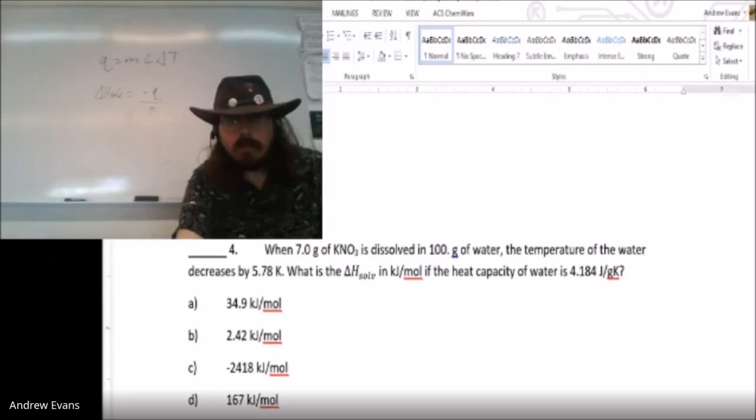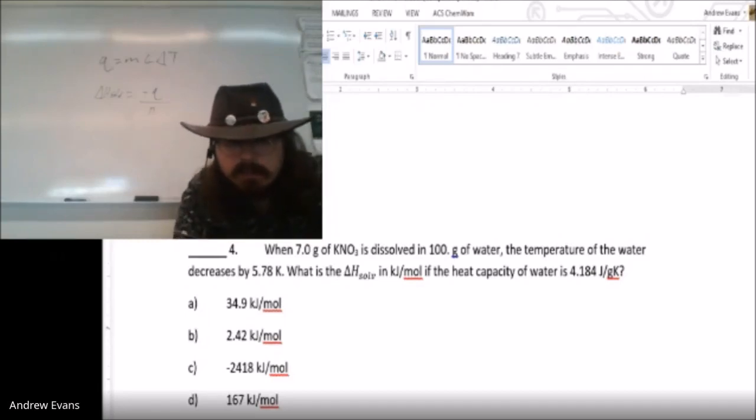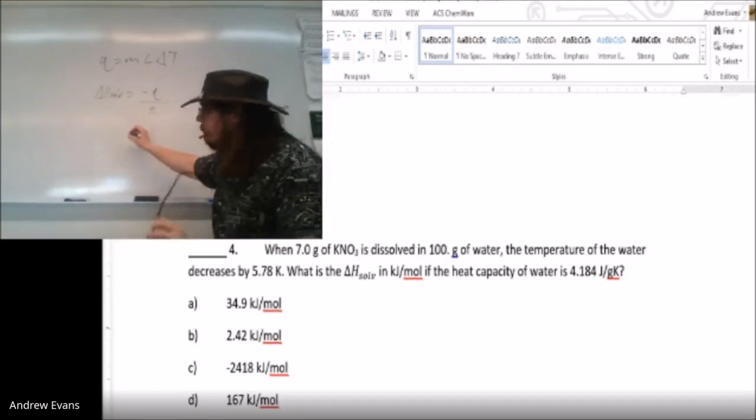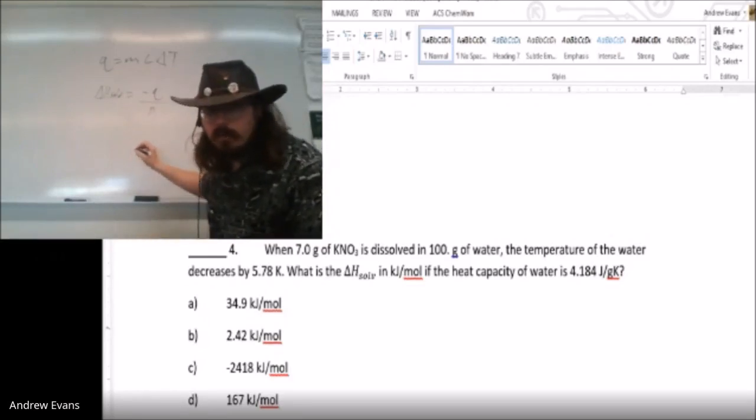Now, the way I think I set it up is just 100 times 4.184 times a negative 5.78. But if you added the 7 grams in there, you'd probably still get a similar number.